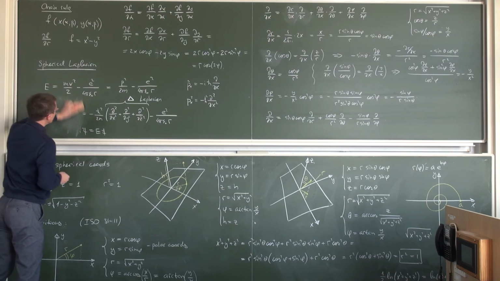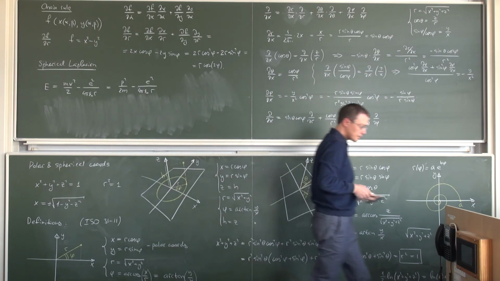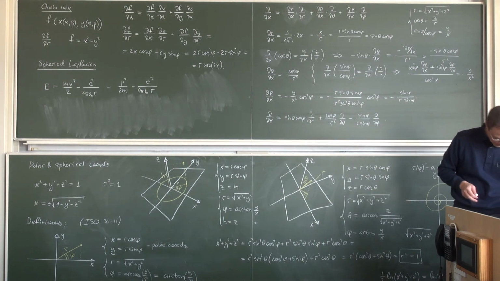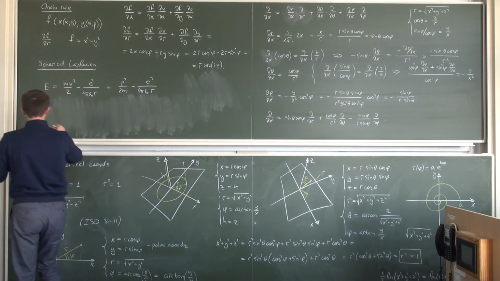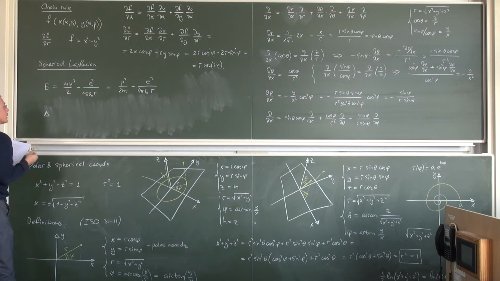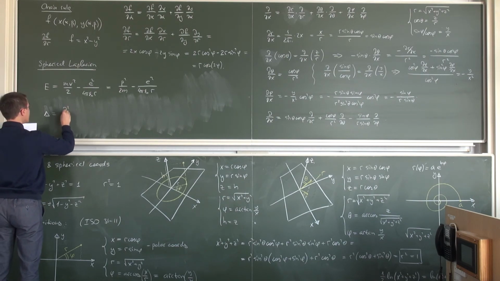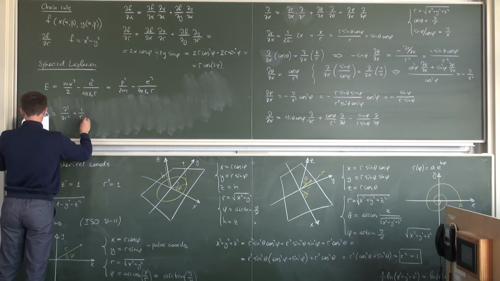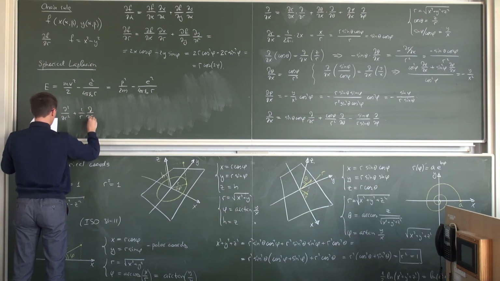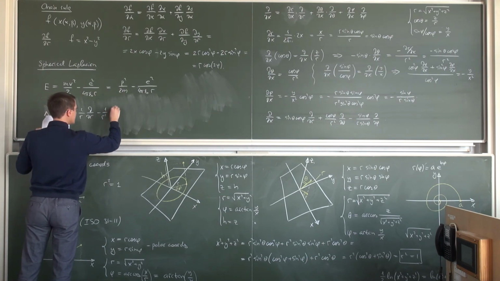So let me make some space in here. Just write that down and discuss it a little bit. So what you have there is this delta that is our notation for the Laplacian. It has a well isolated radial part, d2 by dr squared plus 2 over r d by dr, minus 1 over r squared L squared.